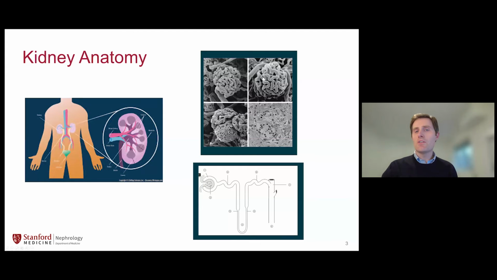You can see here, these are electron micrographs, which is just a very high power microscopy picture of all the blood vessels that are intertwined here in what is called the glomerulus, which is where the blood goes into and is filtered ultimately for the kidney to decide what is waste and needs to be avoided and what is good and needs to be held on to.